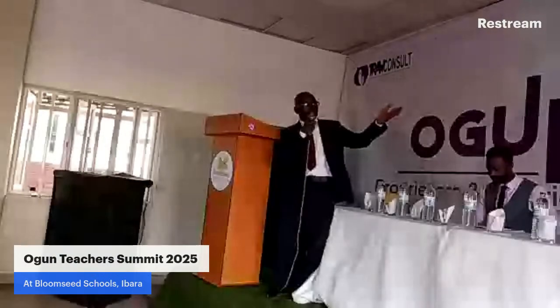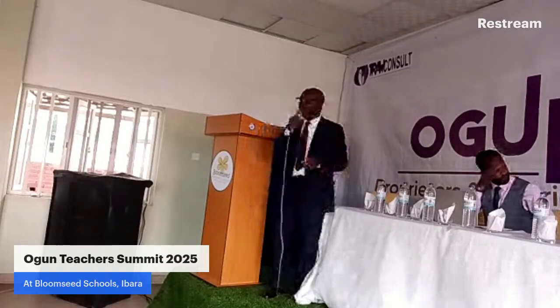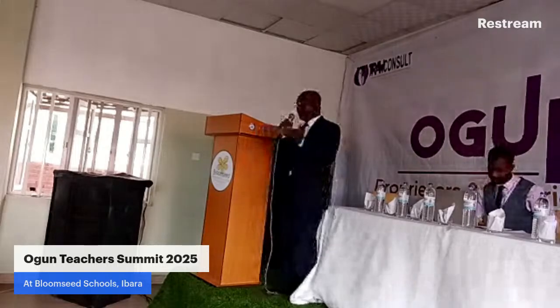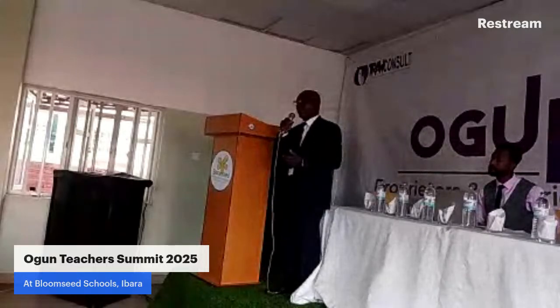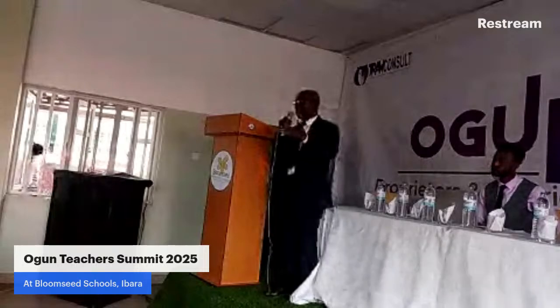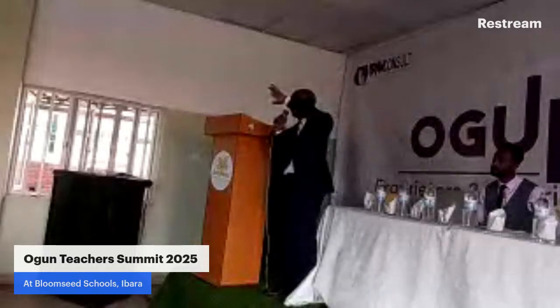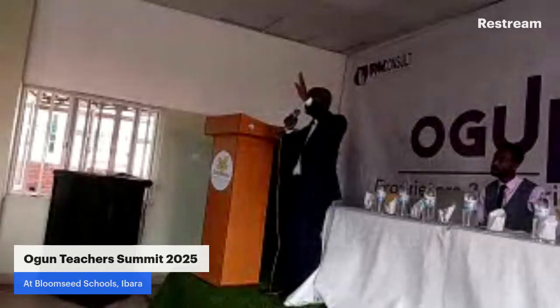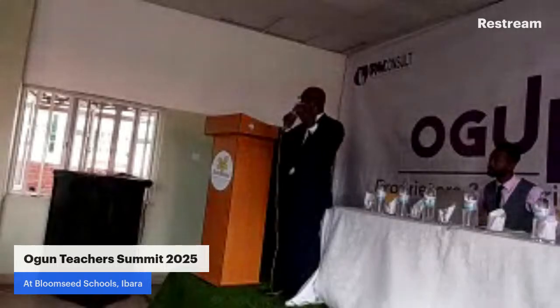The topic talks about the impact of innovation and artificial intelligence. All of us can agree with me that Ogun State has gone beyond that when it comes to innovation. Most of us are aware of the DIPA platform. How many of us know about the DIPA platform? You don't know about DIPA, and you're proprietors?